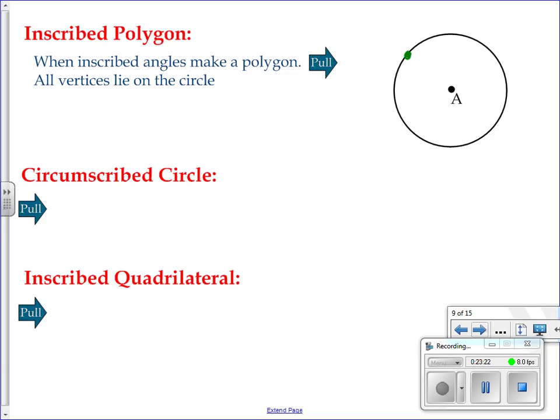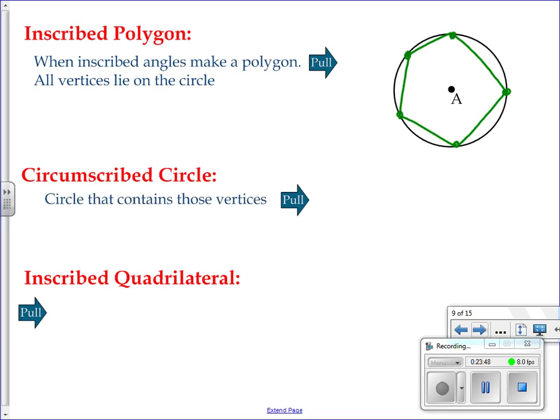So let's just say I have one inscribed angle that connects to another inscribed angle that connects to one more inscribed angle. This is actually a pentagon, 1, 2, 3, 4, 5. But we're going to work mostly with quadrilaterals, which we'll get to.